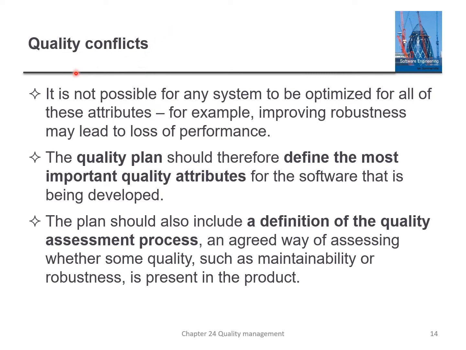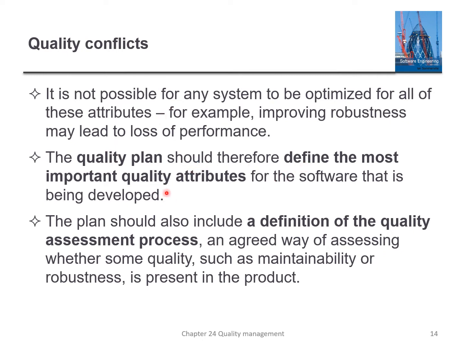Right. Again, in setting the software quality attributes, there is always conflict, because if you set so many qualities to be achieved, sometimes they conflict with one another. For example, if you want a very robust system, you will lose performance.